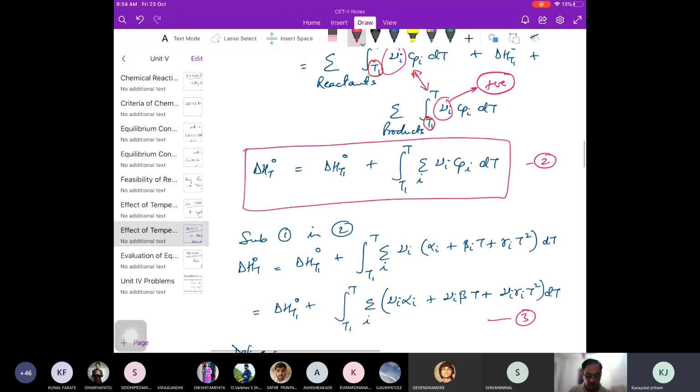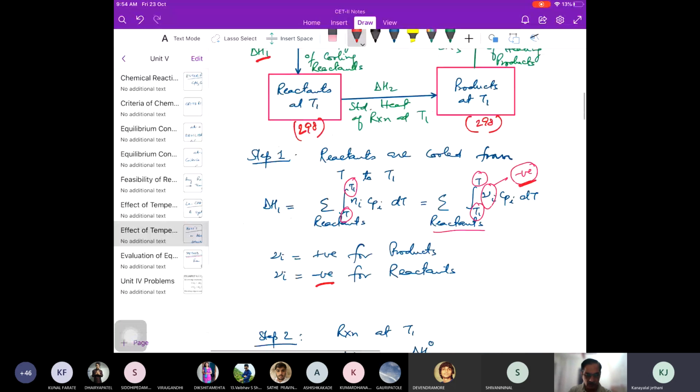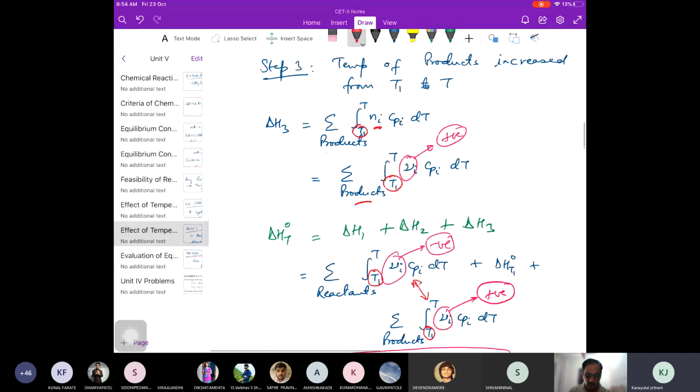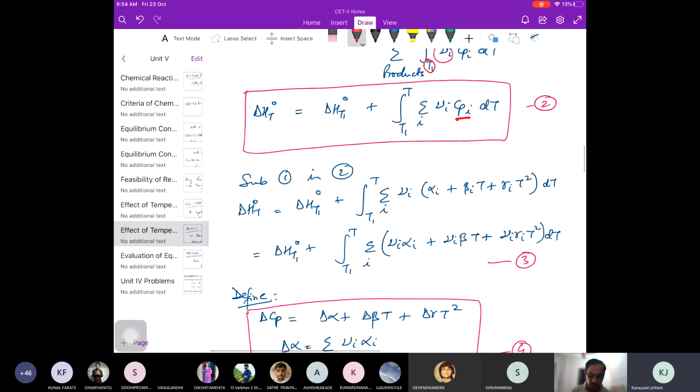Okay. So when you substitute equation 1 and equation 2, equation 1 was essentially Cp is equal to alpha plus beta T plus gamma T square. We substitute this in equation 2 and we'll get integral T1 to T, summation over nu i into Cp, which is alpha i plus beta i T plus gamma i T square, into dT, right?